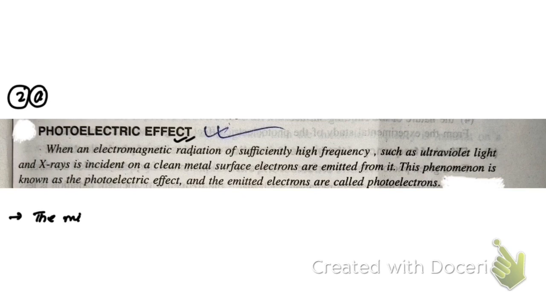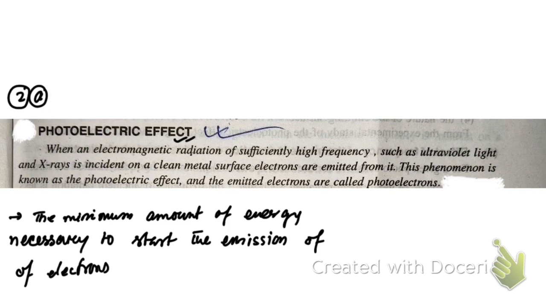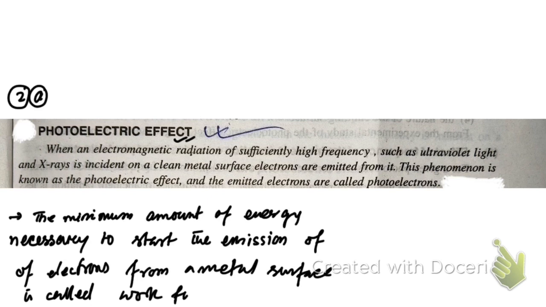The minimum amount of energy necessary to start the emission of electrons from the metal surface is called the work function of the metal, of that particular metal, right?